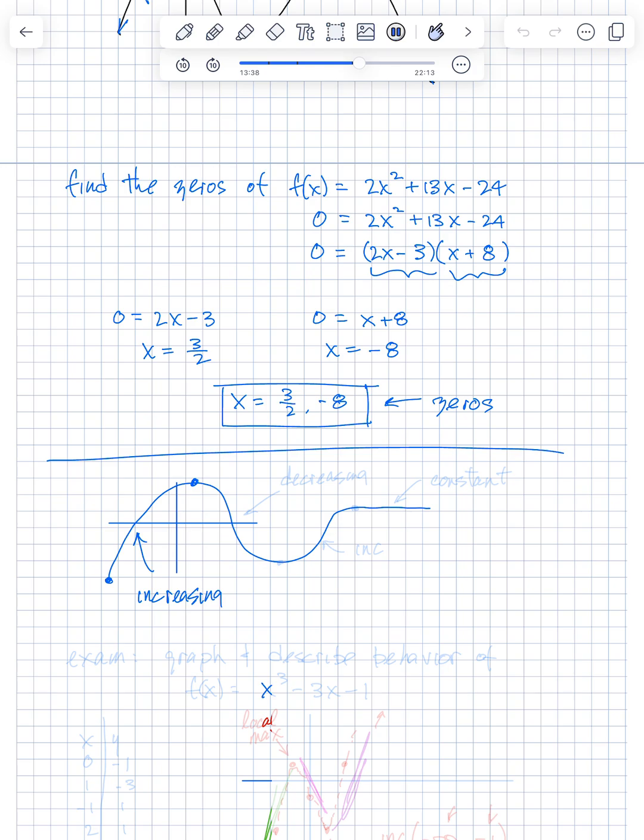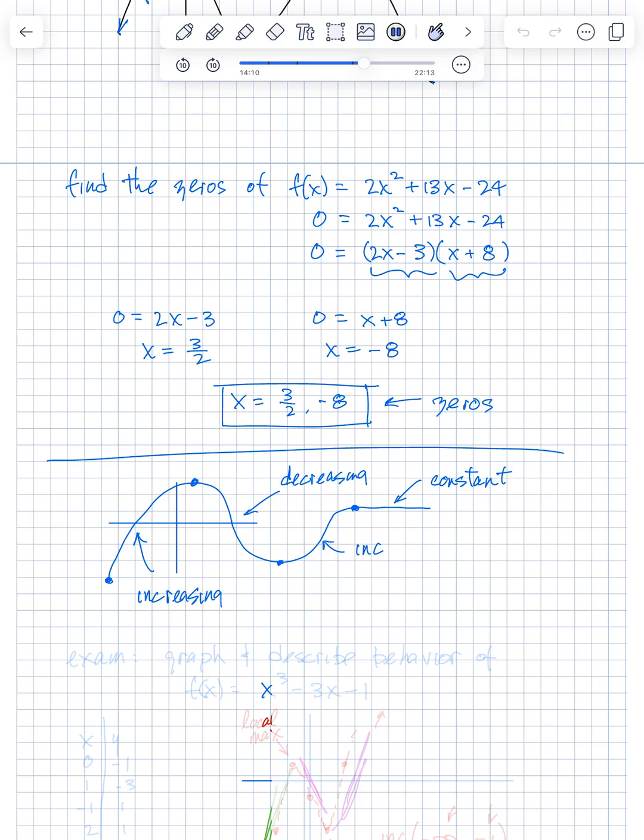And then from here to here, it's decreasing. And then this is kind of tough, but from here to here, it's increasing again. And then at this point here, it's constant. So increasing, decreasing, or constant.